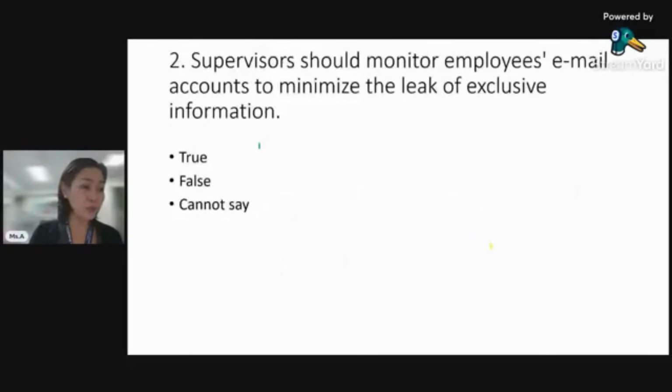Sabi dito, the choices are true, false, or cannot say. Ang mga supervisor daw should monitor employees' email. Imo-monitor nila ang account ng mga employees. Sabi ba, imo-monitor? Para daw po ma-minimize yung leak ng exclusive information, anong dapat gawin?